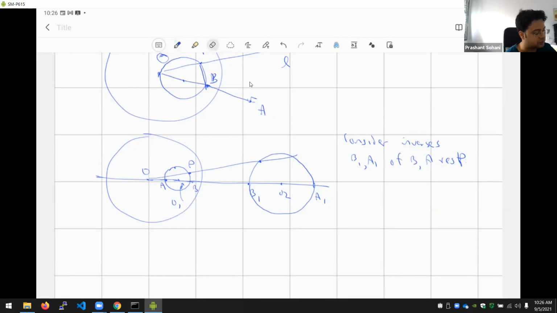I should call this P1. So P and P1 will be inverses and Q and Q1 will be inverses. So the order is getting reversed. What we have to prove is that OP into OP1 is equal to R square. If we prove that, then we are done.